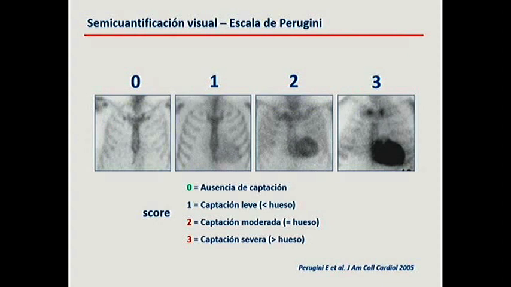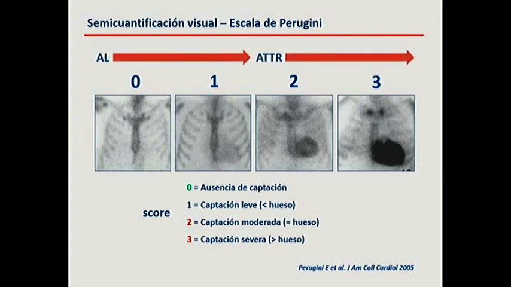See how from the visual point of view, Perugini in 2005 established 4 categories, 0, 1, 2, and 3, according to the cardiac uptake and the relation with bone uptake in the case of pyrophosphate. So 0 and 1 would be absent or mild uptake, moderate would be 2, and severe would be 3, more than the bone.